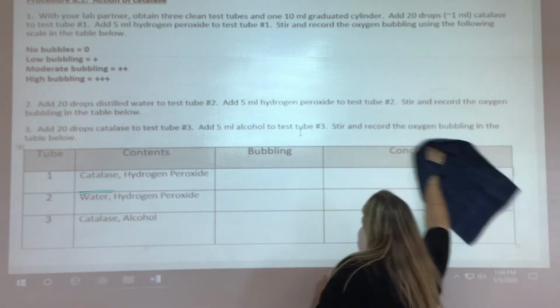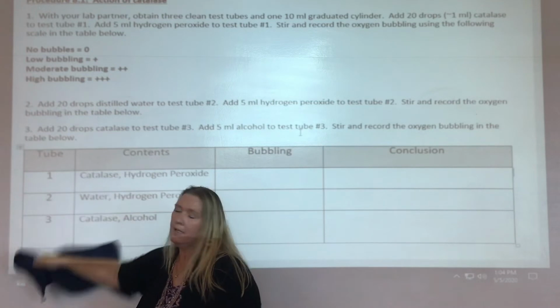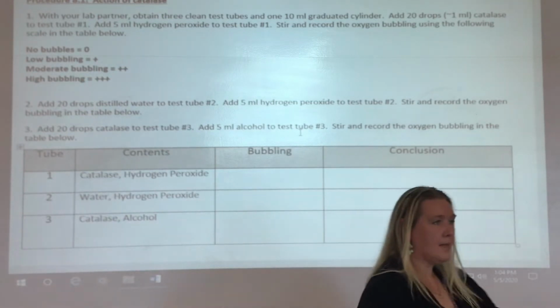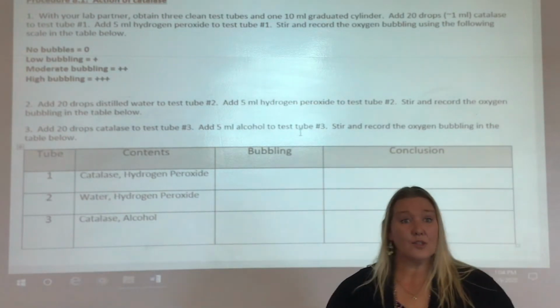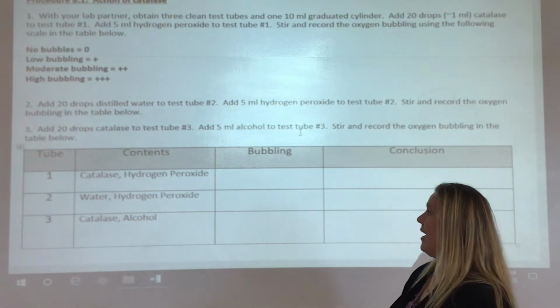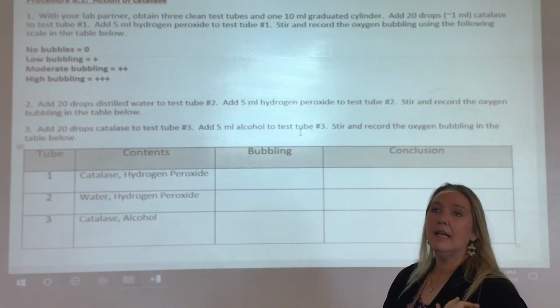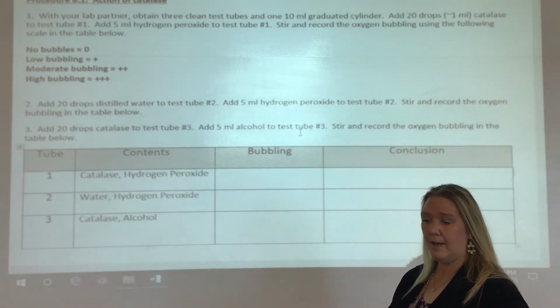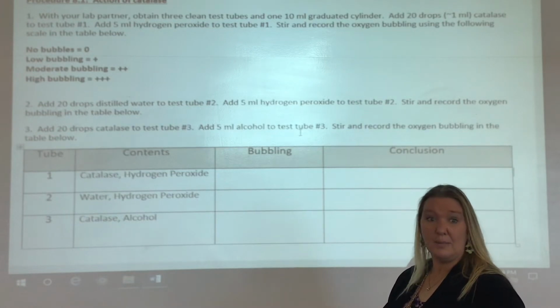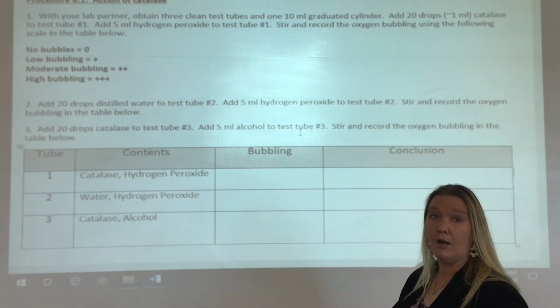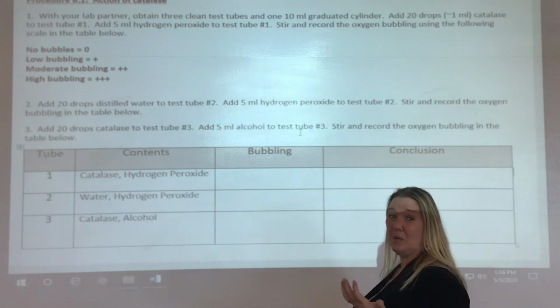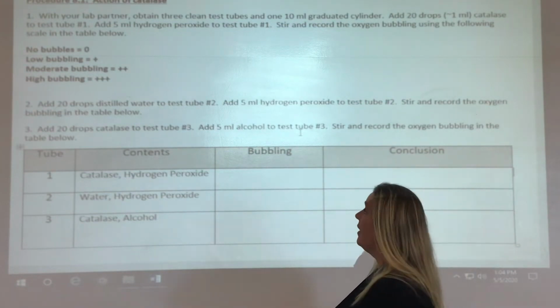In one of the previous labs, Professor Russ talked about positive controls and negative controls. So we're going to look and see if all of our reactants, our substrates, and our enzyme are working, and to see what this reaction looks like.